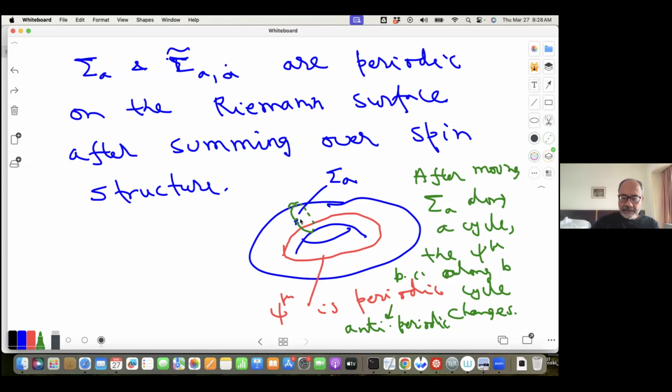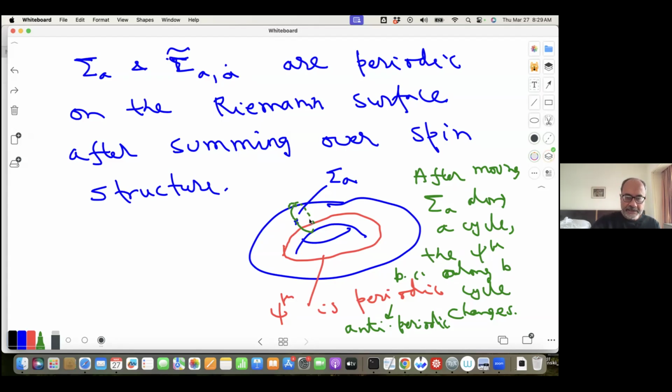So if we take sigma_A and move it once around the A cycle, it will not be periodic. What it will produce is the amplitude in a different spin structure, because psi mu has now picked up an extra minus sign. But after you sum over spin structure, the sigma_A amplitude becomes periodic.